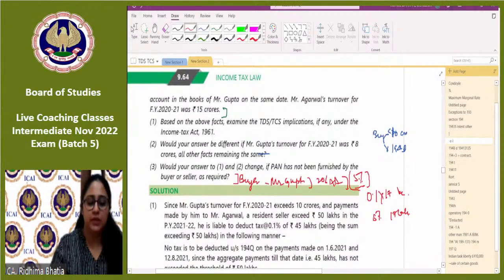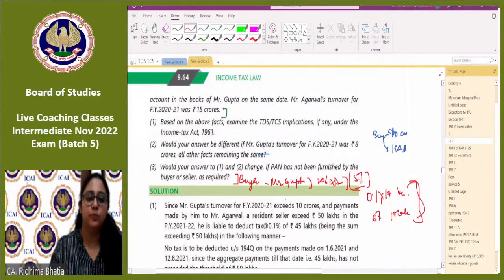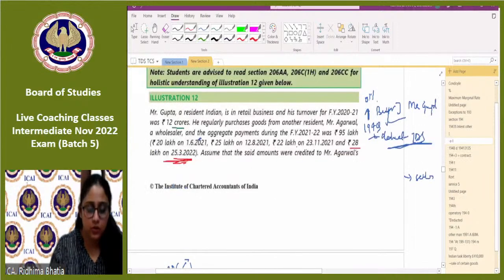So total TDS would be deducted here. So 28 lakh ka 5%, which is your 140, and 17 lakh ka 5%, which is your 85,000. So total TDS deducted here would be on 23rd November and on 25th March.